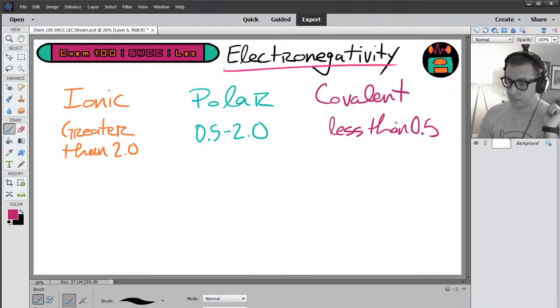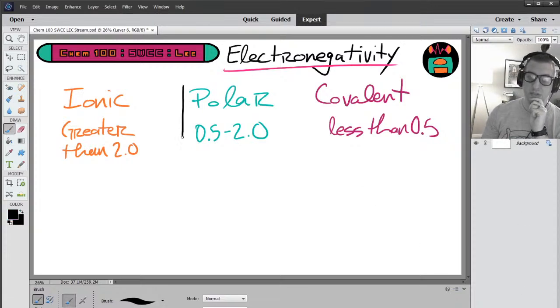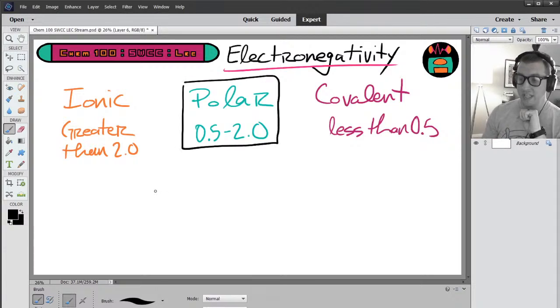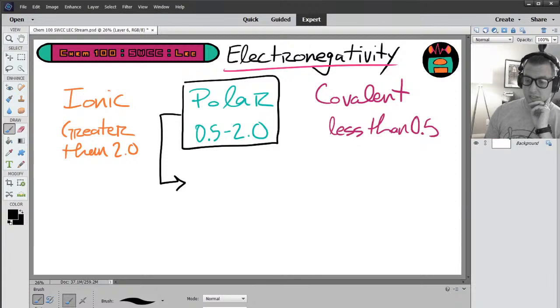Now, I want to talk for a minute about polar covalent bonds. All right, polar covalent bonds. In polar covalent bonds, the electrons are unevenly shared.